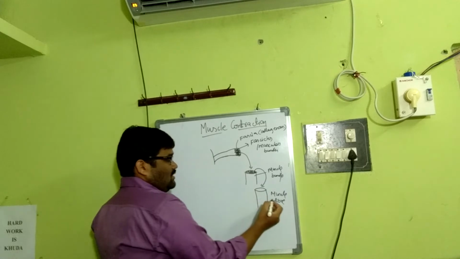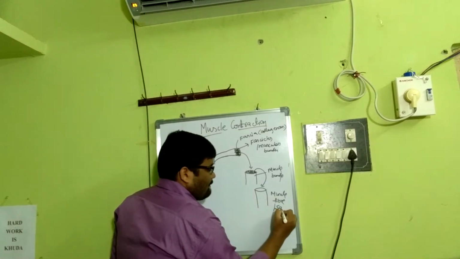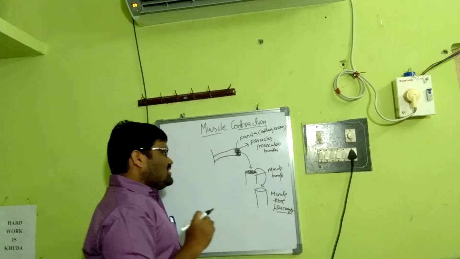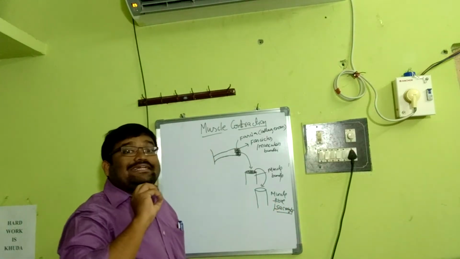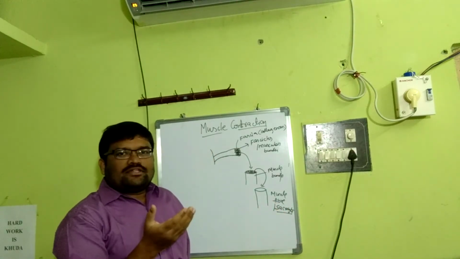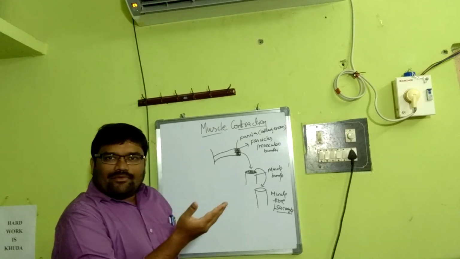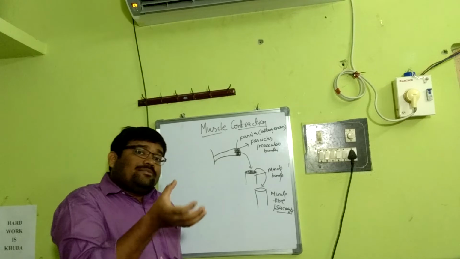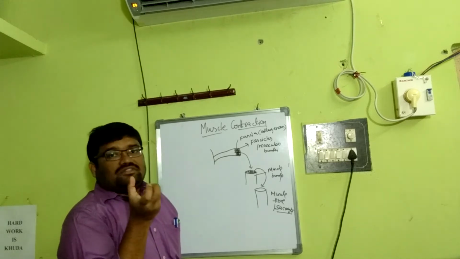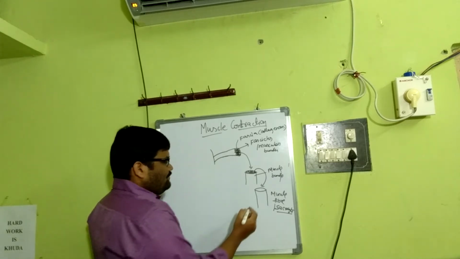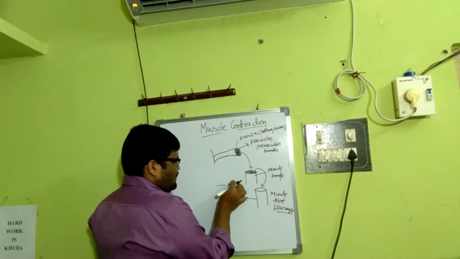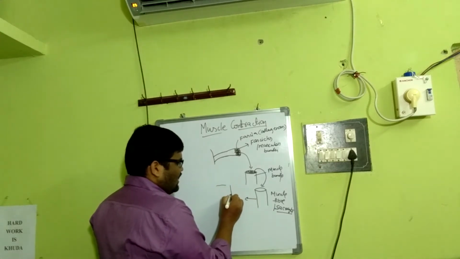This muscle fiber is what we call a sarcocyte. We have discussed the plasma membrane, cytoplasm and so on; the concept is the same, but the terminology is different. Here, I would like to magnify this particular thing. This is the sarcoplasm.